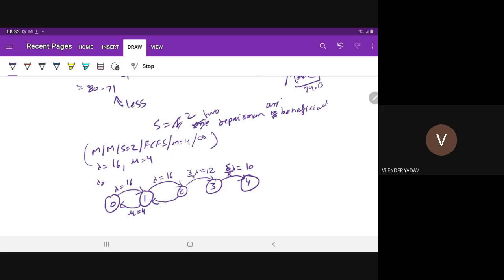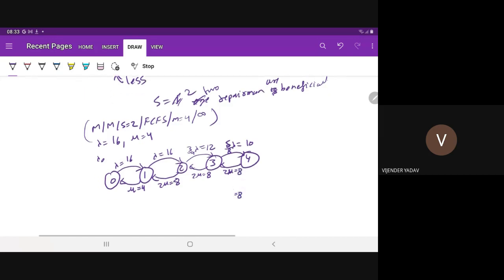When there are two customers, here the rate will become 8, here the rate will become 8, and here the rate will become 8.